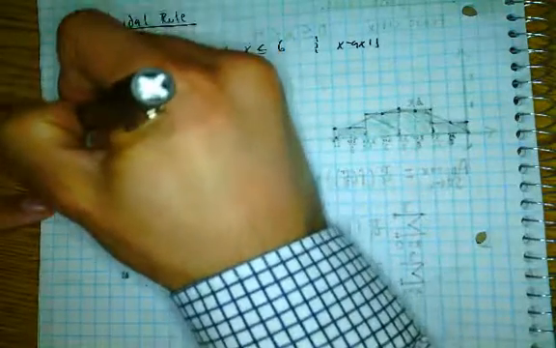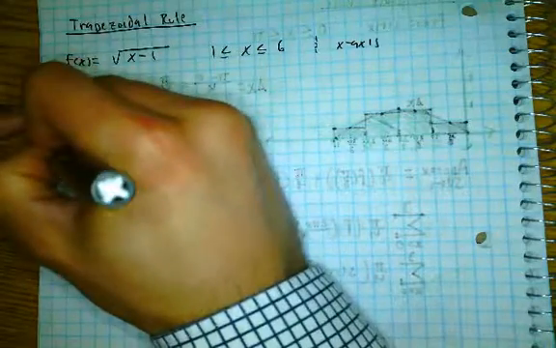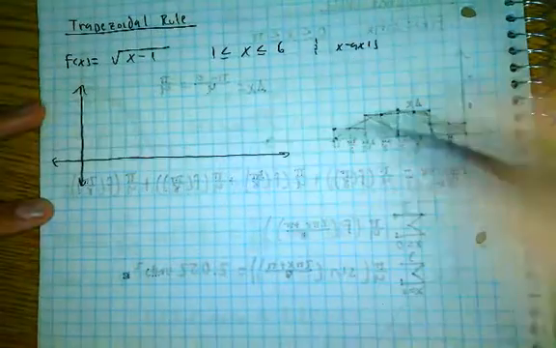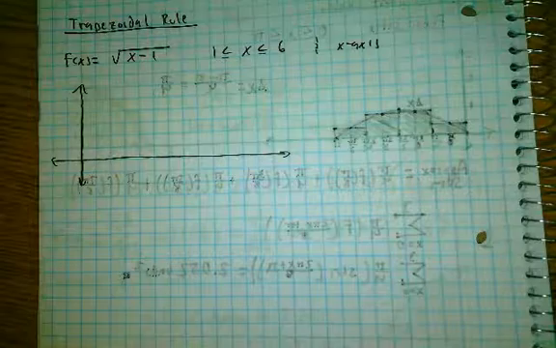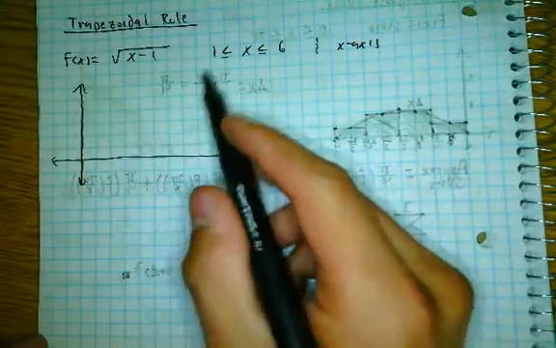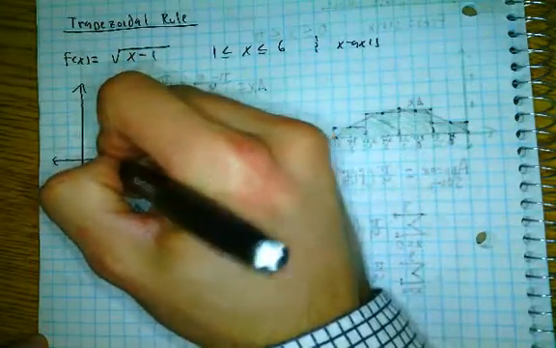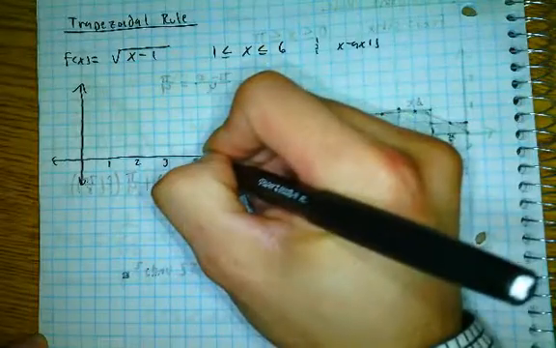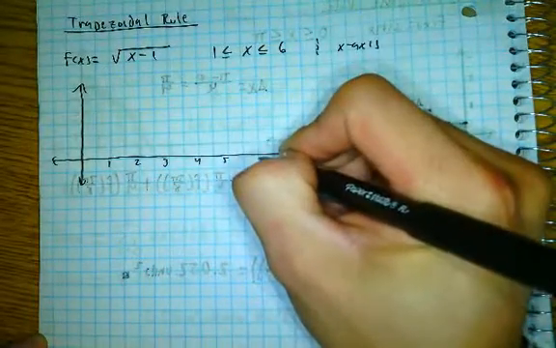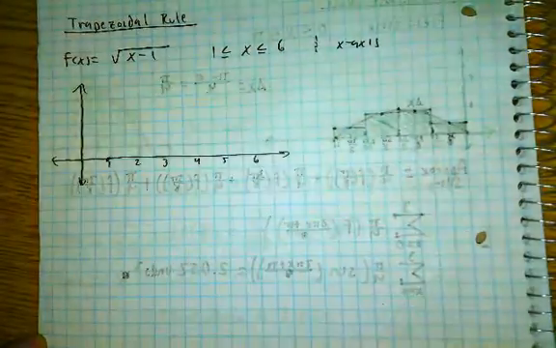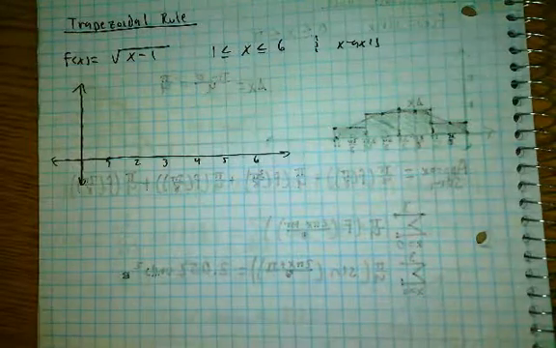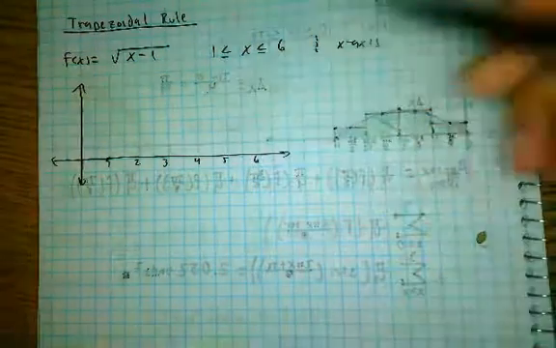So let's go by 1, 2, 3, 5, 6. So 1, 0, right? If I plug in 5, 5 minus 1 is 4. So something like that. Agreed?